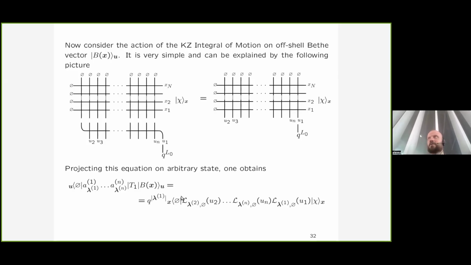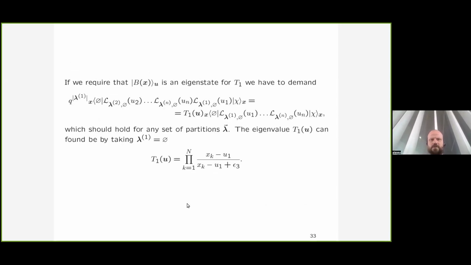If I am able to do that, then I find a condition that these two states are proportional, right? This is what I demand here. If we require that my off-shell beta state is an eigenstate of the operator T1, we just demand this.